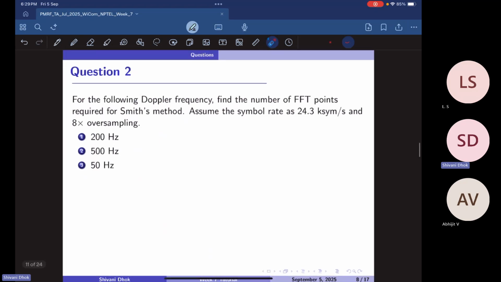So what is given to us is the symbol rate, which is 24.3 kilosymbols per second.